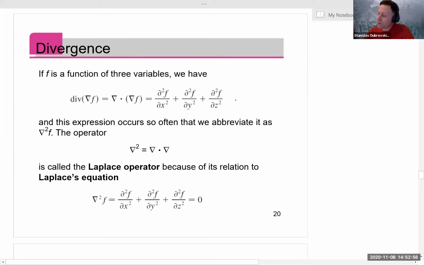Let's write it down in detail. So you have to do d/dx of df/dx, right? So the first component, plus apply d/dy to the second component df/dy, plus d/dz to df/dz when you're doing the dot product. Hence, you will get second partials.